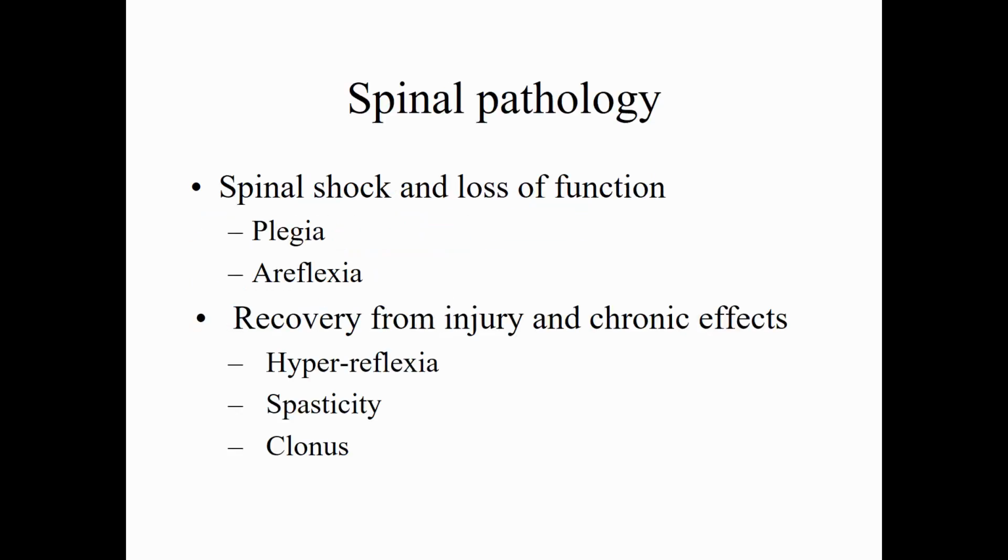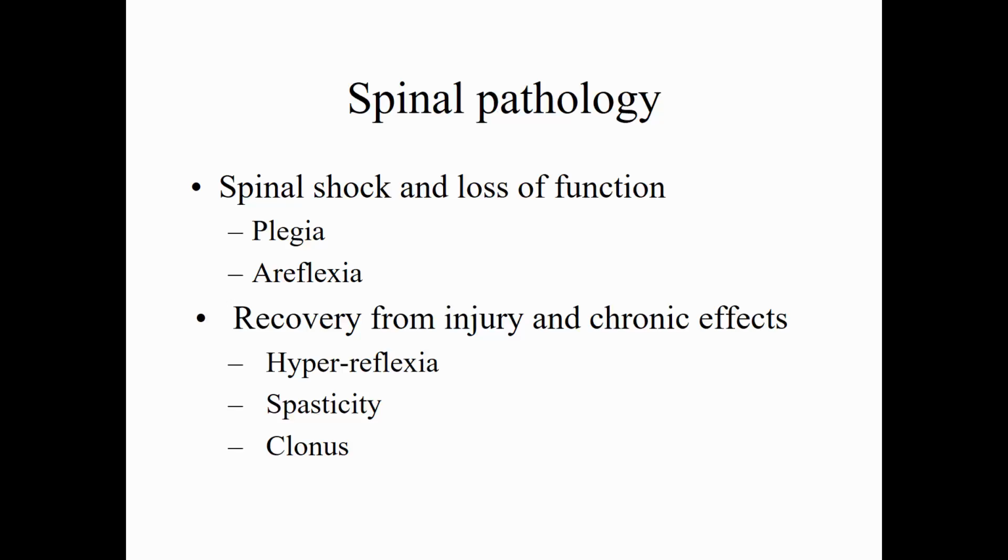Now, what happens when you hurt your spinal cord? Well, initially what happens is spinal shock, and you lose electrical activity in your spinal neurons. So you have the inability to activate your muscles. That's called plegia.